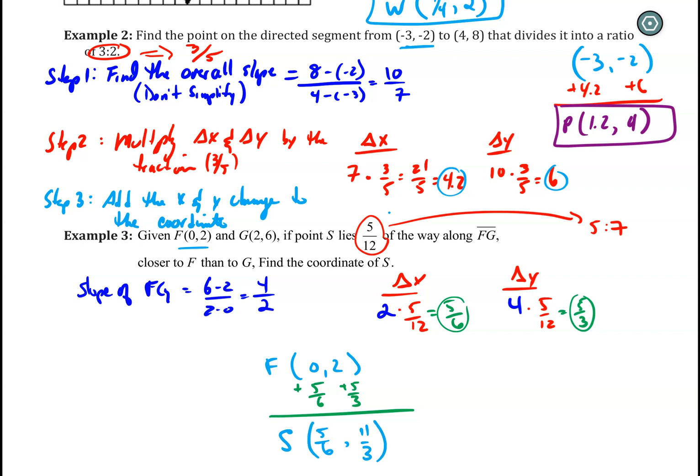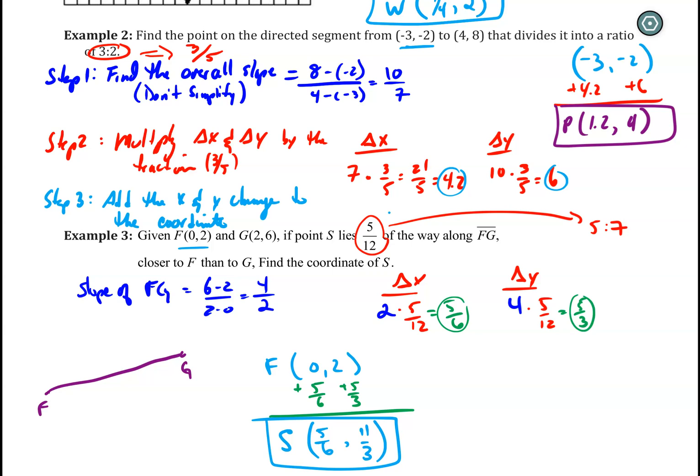All right, so you can plug that in the calculator, or as I just did in my head, I took 2, made it have a common denominator of 3, so it'd be 6/3, and then added them together. But that would be my point. So this is now your point that specifically divides the line segment so that it is 5/12 of the way. So again, if you were to visualize this, you have a line segment here of F to G, right?